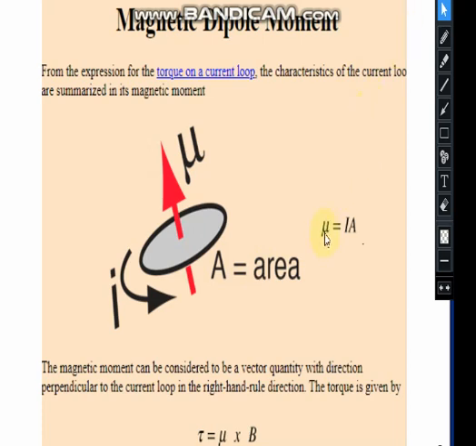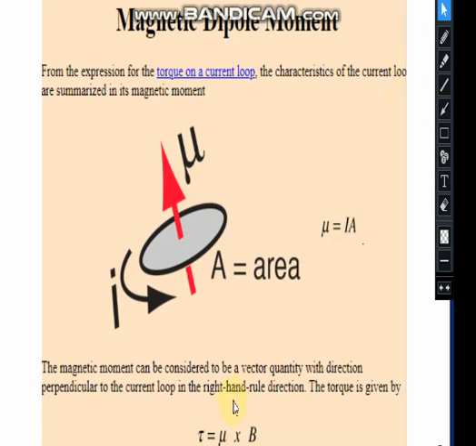So mu is a vector having a direction along the outward drawn normal to the plane of the area of the loop, and its magnitude is equal to the product of the current I and the area A of the current loop.